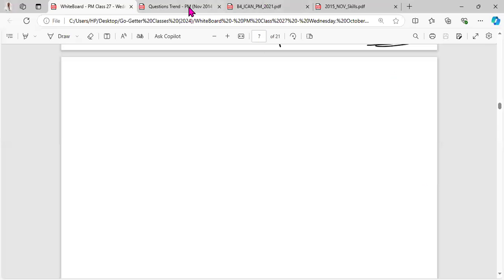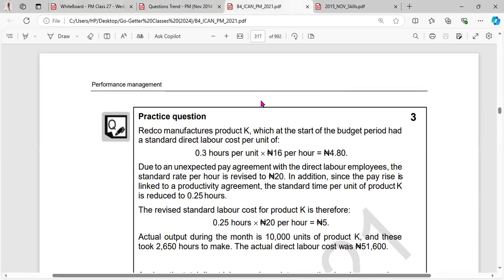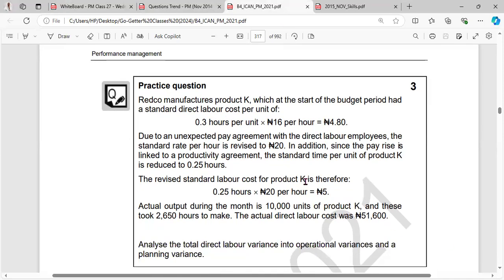We now want to look at where we stopped the last time. We stopped here and we're about to do practice question 3. Redco manufactures product K, which at the start of the budget period had a standard direct labor cost per unit of 0.3 hours per unit at 16 naira per hour.